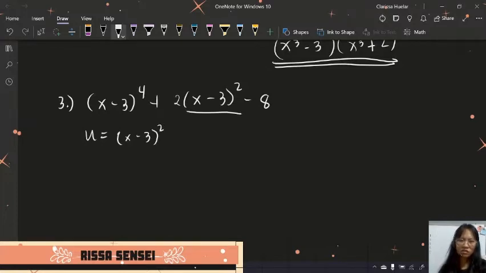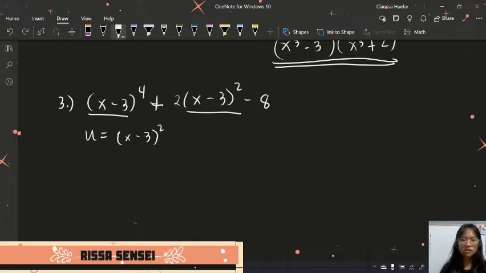Hindi ko na ginawang x minus 3 lang kasi magiging u to the 4th plus 2u squared minus 8. So, medyo mahirapan pa tayo sa pag-factors. Kaya, ginawa kong x minus 3 squared. Then, it will become u squared.